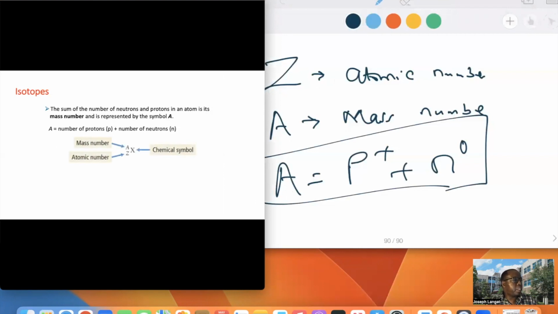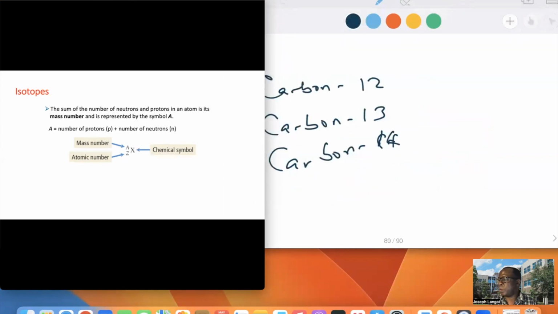We represent isotopes using this notation. Please remember the notation we have, so that for the three isotopes I have here, this can be written as carbon-12, carbon-13, or carbon-14, with atomic number 6.